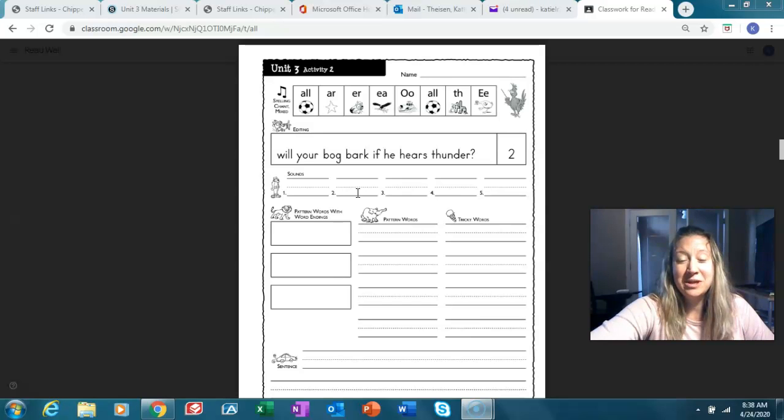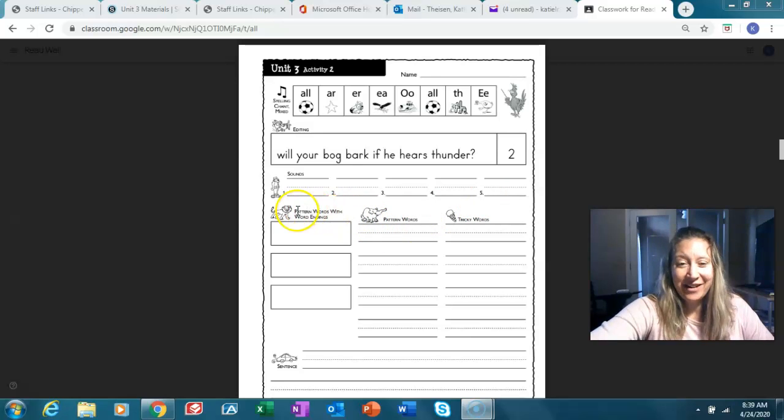And you should have spelled that with a Z. Number 3, the sound er should be spelled with 2 letters. Which 2 letters? E-R. Number 4, that should be spelled with a U. And number 5, V. And that should be spelled with a V.